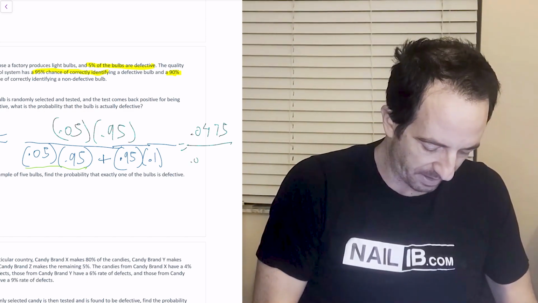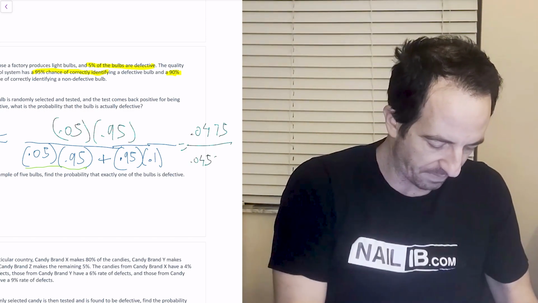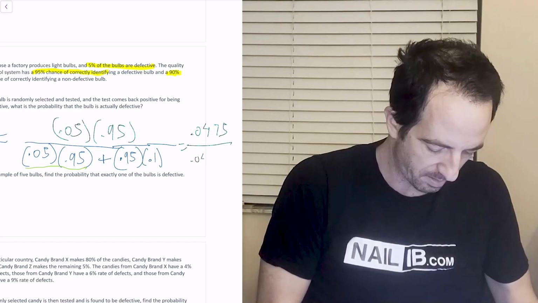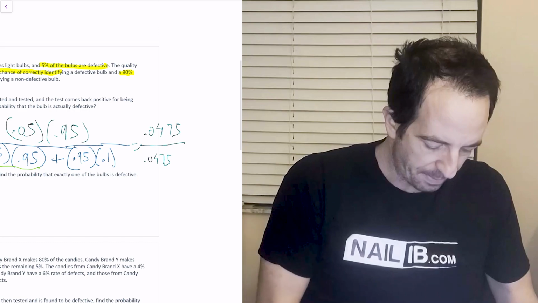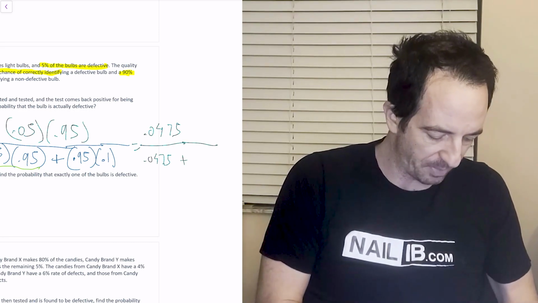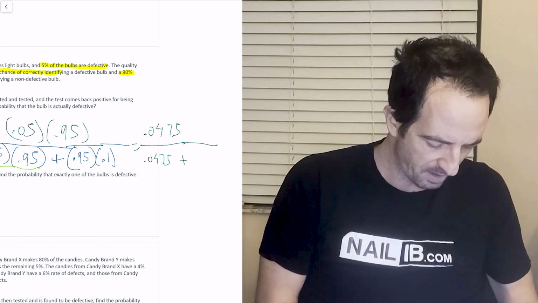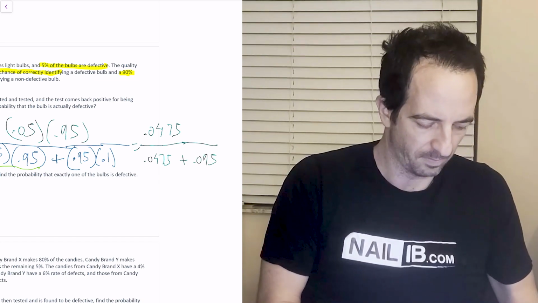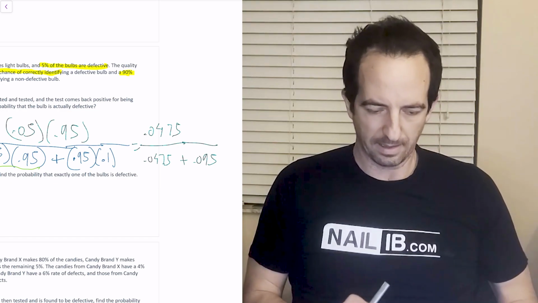I'll write it out to make it even more clear: 0.0475, plus 0.95 times 0.1, or 0.095. And let's see what that gives us.